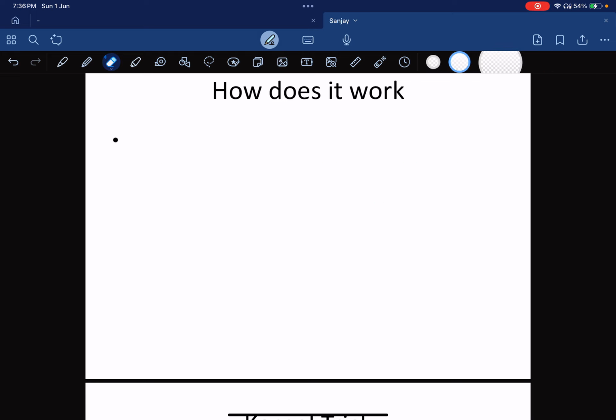But the kernel function does not explicitly transfer the data points into a higher dimension. It doesn't transfer the data points as vectors with coordinates. It simply finds the scalar values of the data points in the higher dimensions.